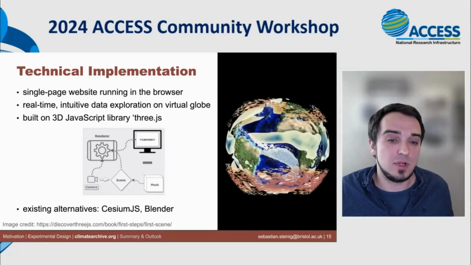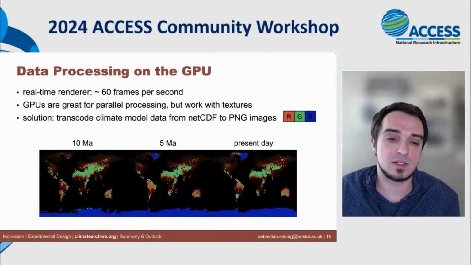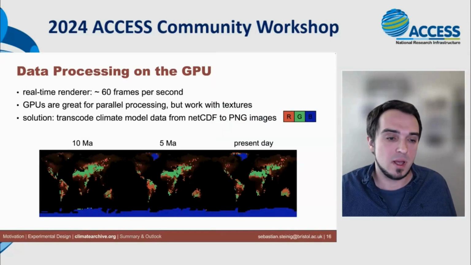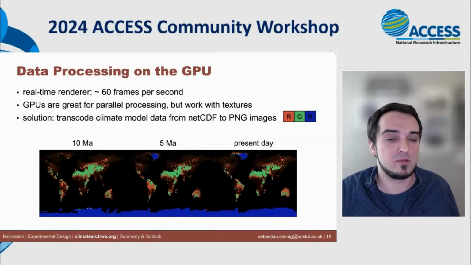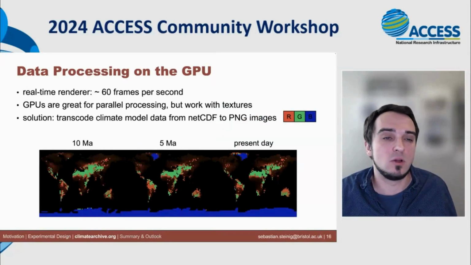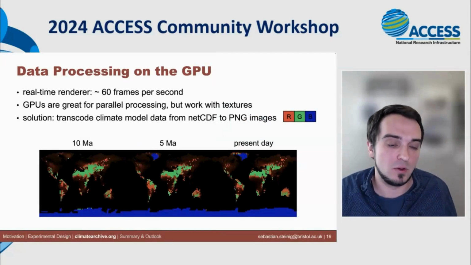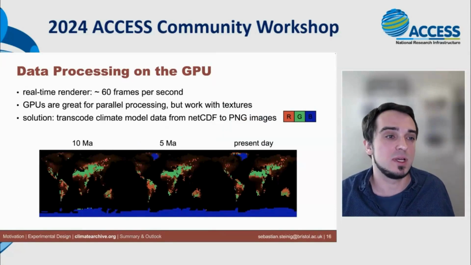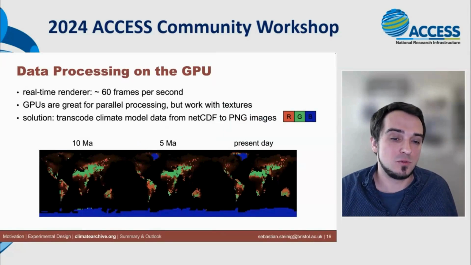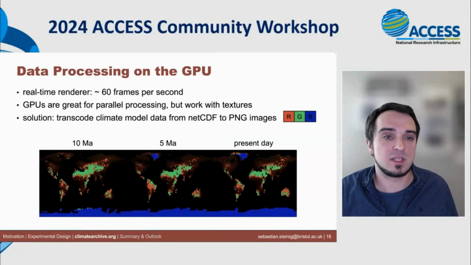And the real trick to make this as performant as possible, because the success of this really depends on how fluid it is and how easy it is to interact with the data, is to do all of the data processing on the GPU, the graphics card on your device. This can even be a smartphone, which has quite powerful GPUs nowadays, because we need to render these frames 60 times per second.